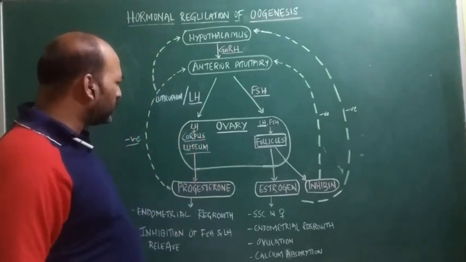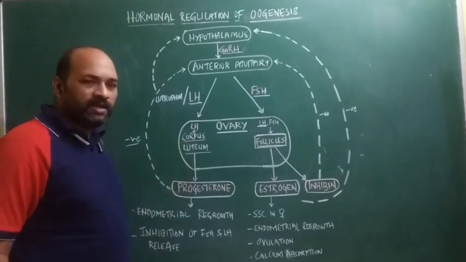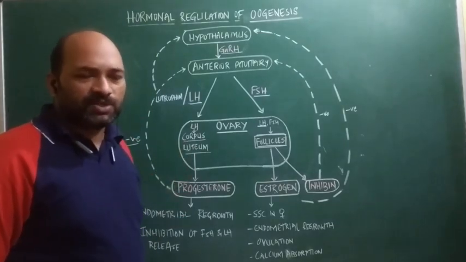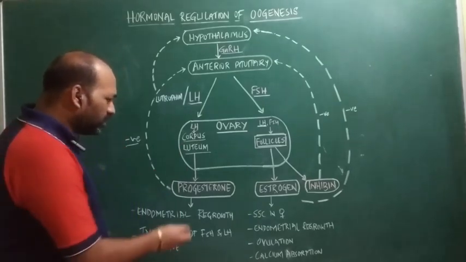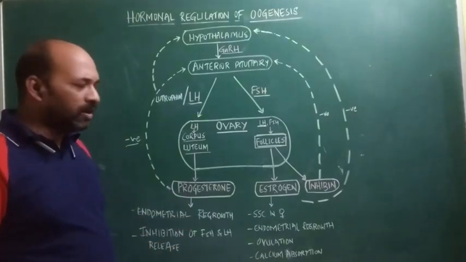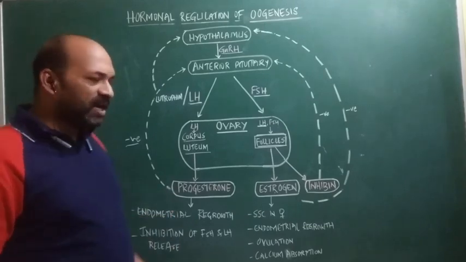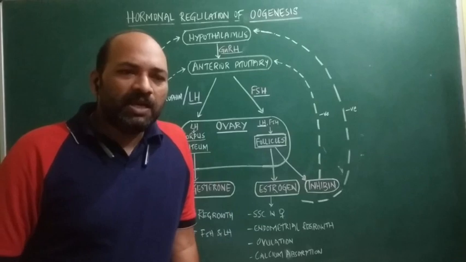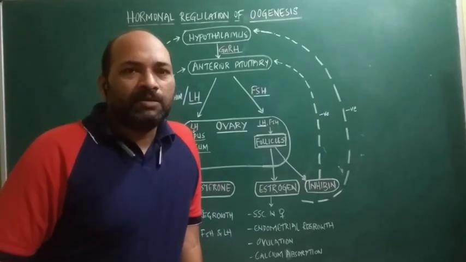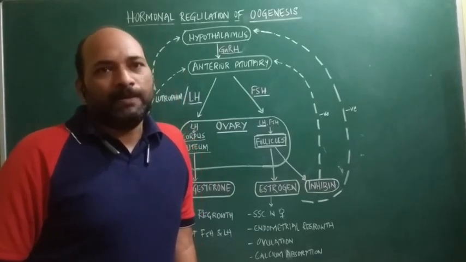Now this corpus luteum starts secreting the hormone called progesterone, which is basically a steroid hormone. So what is the role of progesterone? As we have discussed in the earlier videos also, progesterone helps in maintaining the pregnancy and maintaining the endometrium.